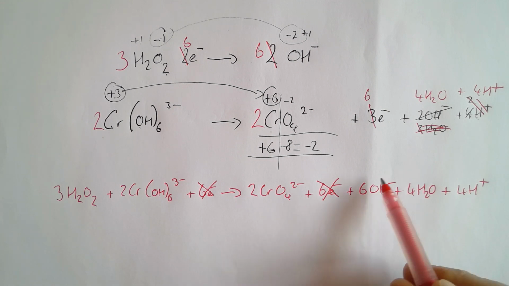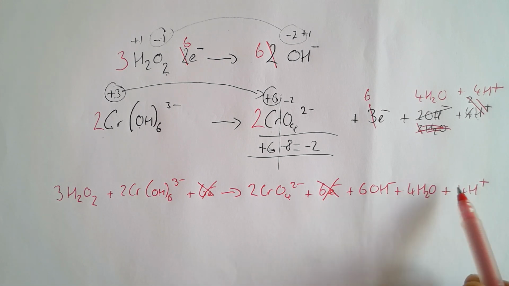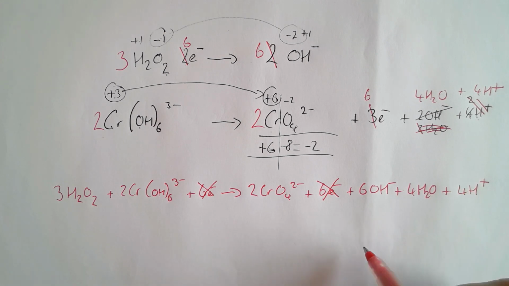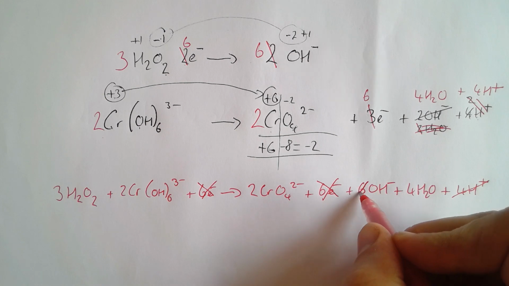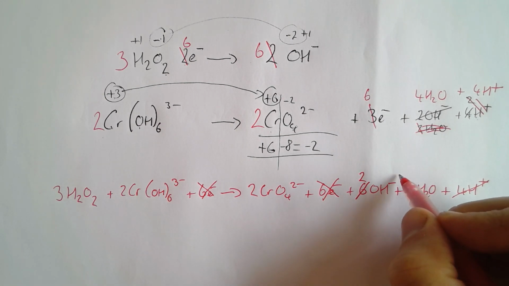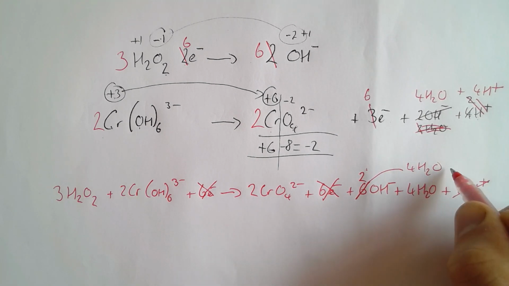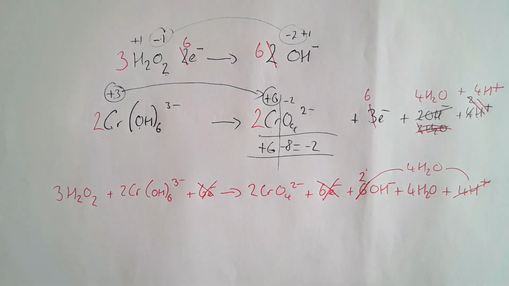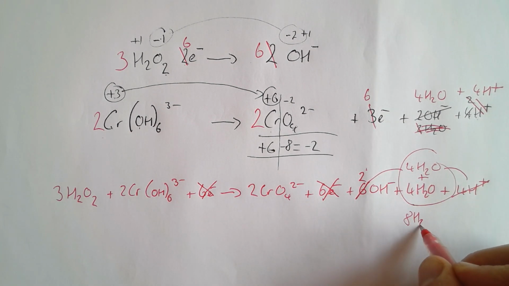So as before, I'm going to remove the limiting factor of acid or hydroxide. In this case, it's going to be limiting of acid. So I'm going to get rid of 4 moles of H plus and 2 moles of the hydroxide and create from that another 4H2O. That's what I've done there. I'm going to add these two together to give me 8H2O.